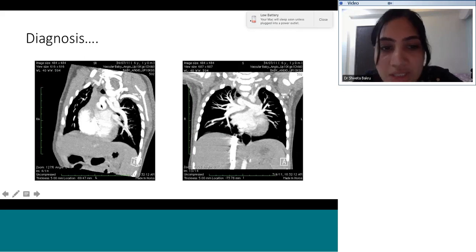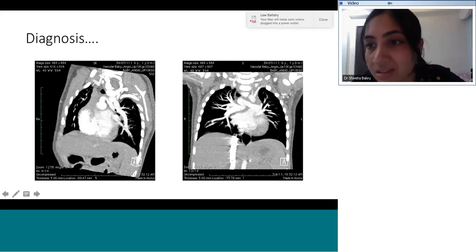So Sakshi, just tell me one thing, why it is called as sling and not ring? Is it a vascular ring or a sling? Or anybody who would like to answer? Yes, very good. It doesn't completely encircle the airway.